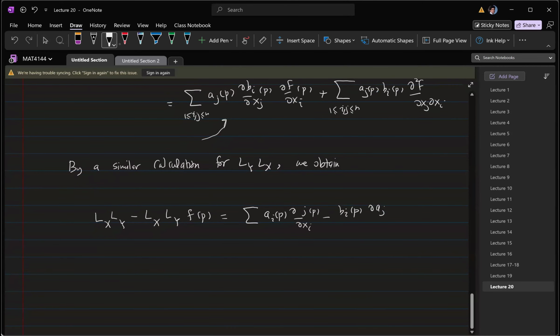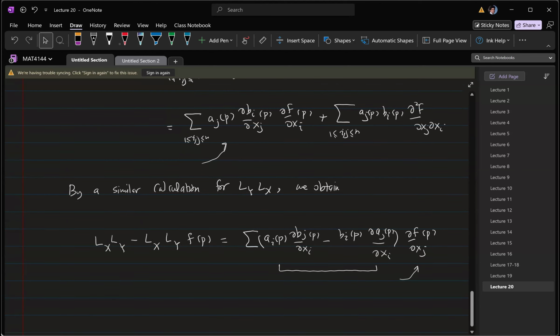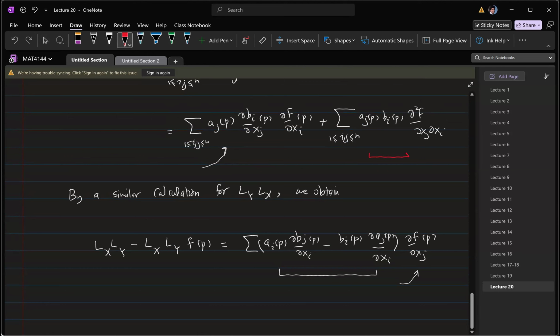I switched the roles of i and j, both multiplied by df/dx_j. Now you see that this is a function only determined by the coordinates of x and y, and I only have order 1 partials. Like I said, these second order terms cancel out in the difference.